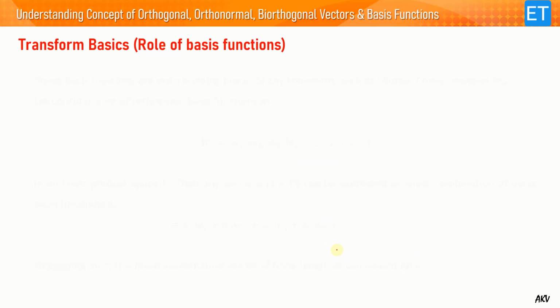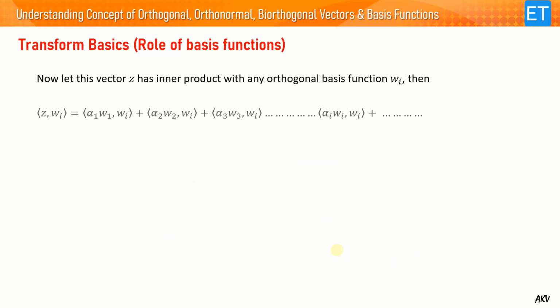Okay, so now let this vector Z have an inner product with any orthogonal member basis function, I mean in which it is defined. Then let's say this Z has an inner product with any member of its own orthogonal family. Then we will write obviously like this, because Z is alpha 1 W1 plus alpha 2 W2 like that.